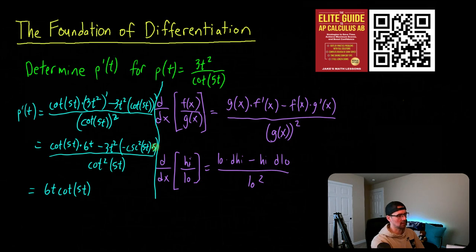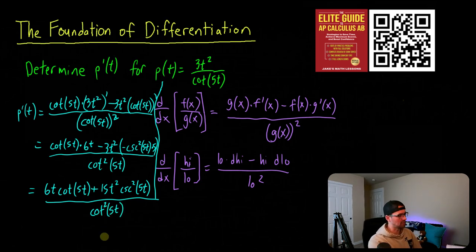We can combine the 3 and the 5. The negative signs are going to cancel out, so we get plus 15t squared times cosecant squared of 5t, all over cotangent, or I'm sorry, cotangent squared of 5t in the denominator. And that's it. That'll be your p prime.